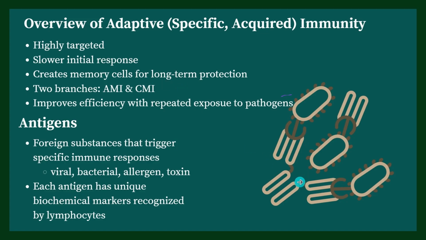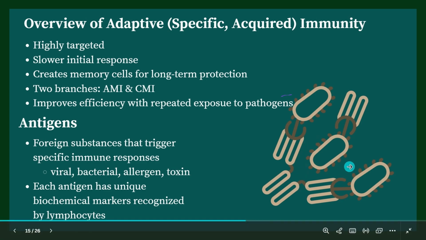A foreign substance that triggers a specific immune defense is called an antigen. It can be a virus, a bacteria, a toxin like chemicals in the environment, or something that you're allergic to, like gluten or dust.